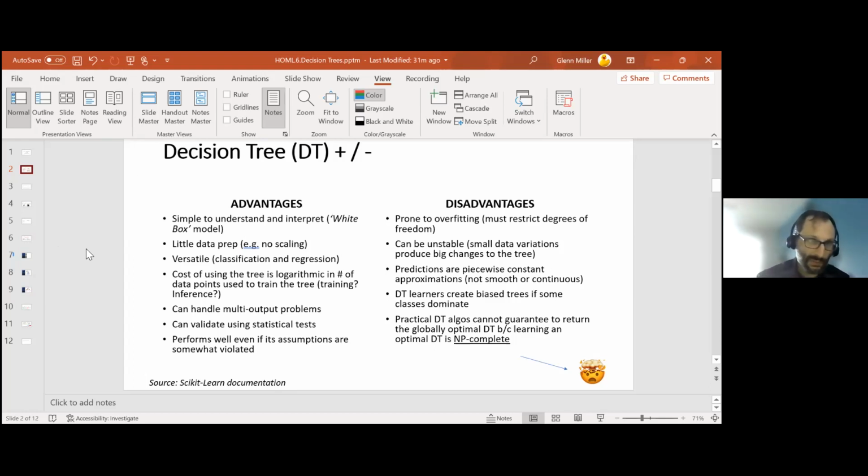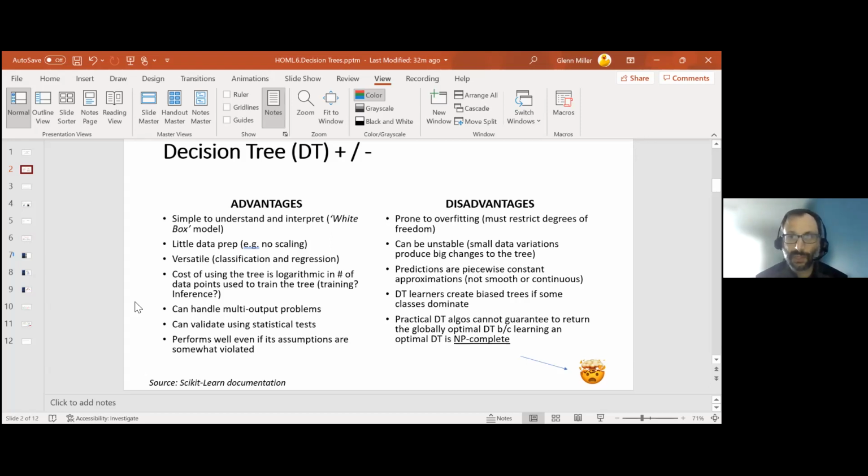I gather that means something like a picture I'll get to later, but if you picture a smooth curve, that's not how your predictions come out. They come out in stairs. Yeah, it looks like stairs on a plot. I don't know if you can actually see me or just the presentation, but I'm kind of drawing the stairs.